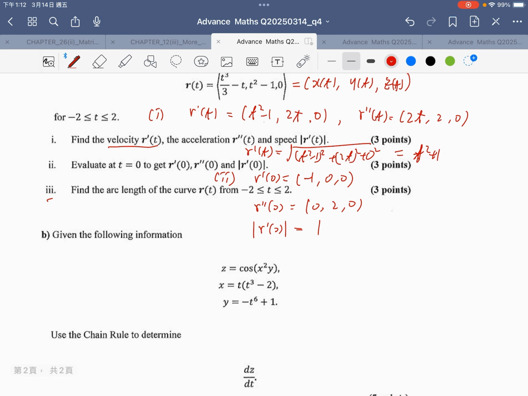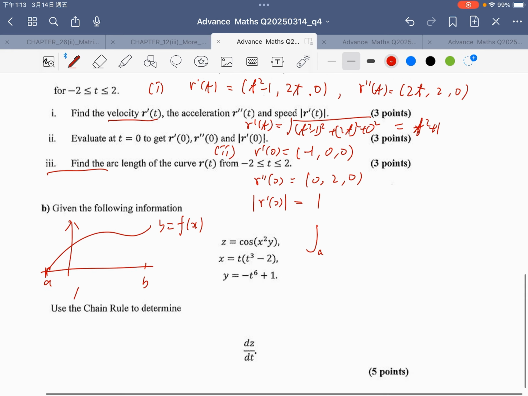Okay, for the third part, the arc length. The arc length of a curve is defined as follows. I draw a curve, for example, this is A, this is B, then y equals f(x).